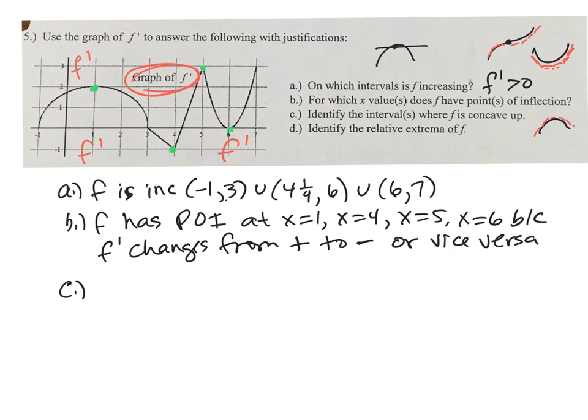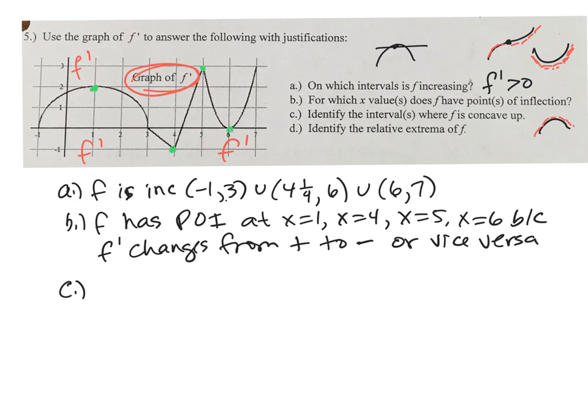For this one, we care about where it's concave up. So identify the intervals where f is concave up. So that would be wherever the graph of f prime is increasing. So it looks like it's increasing from -1 to 1, okay? Then we have a big old decrease, and then increasing from 4 to 5, and then a decrease, and then increasing from 6 to 7.